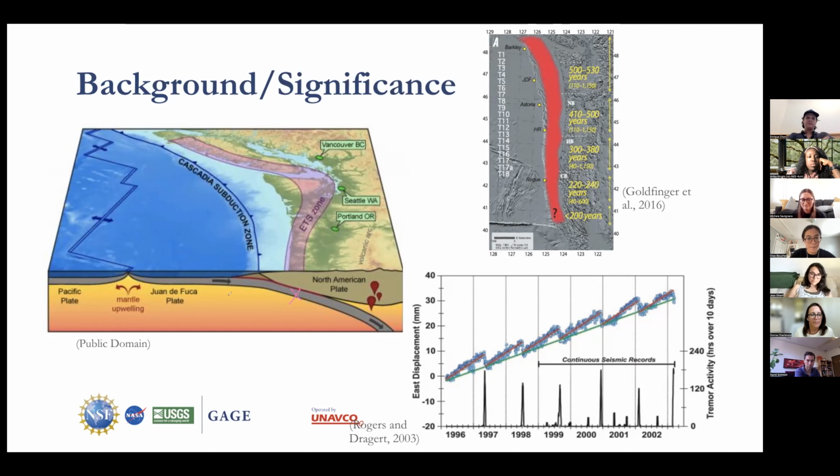So the Juan de Fuca plate is moving eastward at a rate of about 25 millimeters per year. However, it experiences periods of reversal every 14 months of about 5 to 10 millimeters.